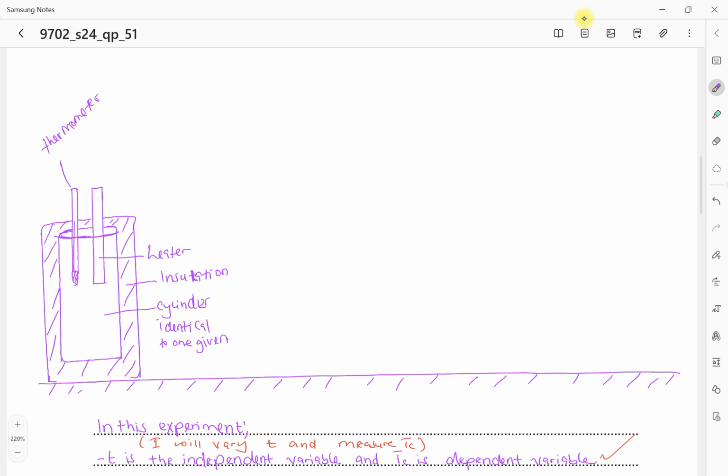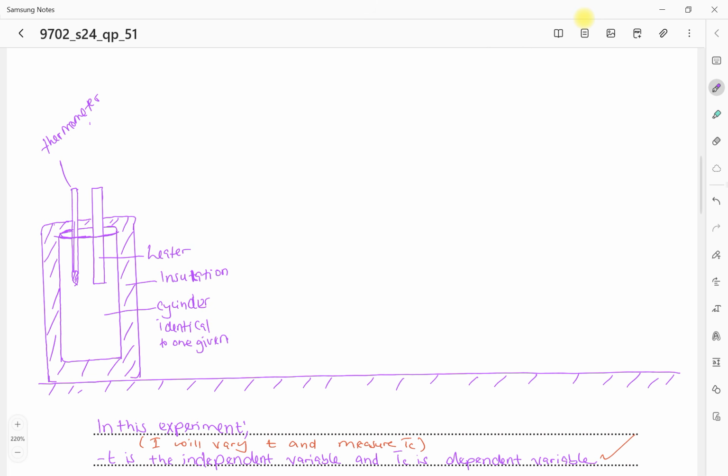I'm trying to determine the specific heat capacity of the material from which the cylinder that we were given is formed.